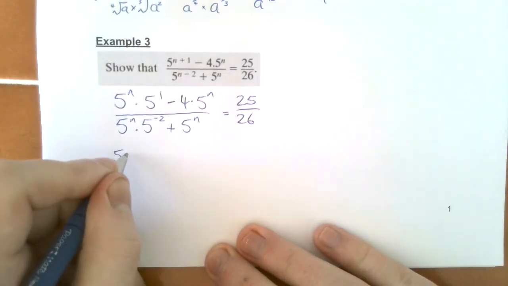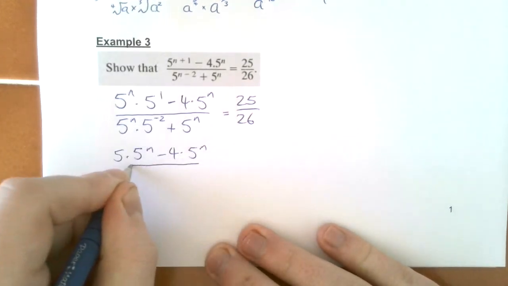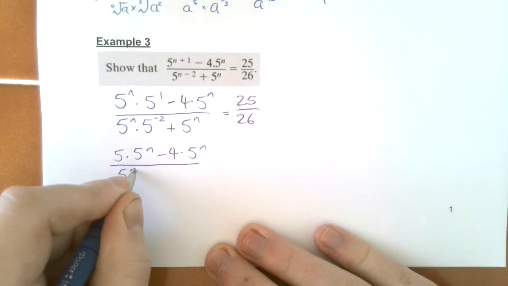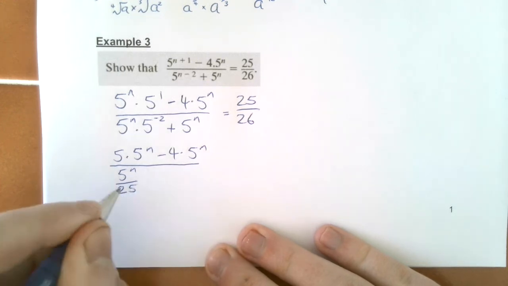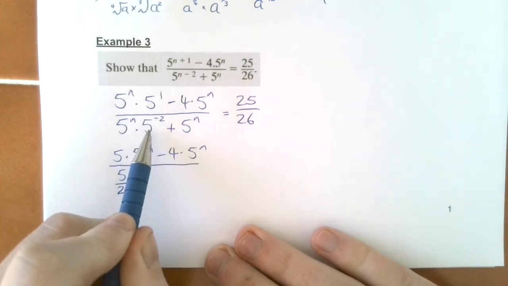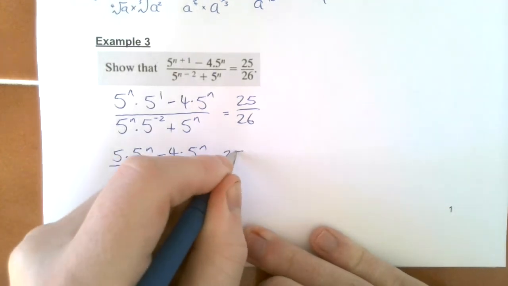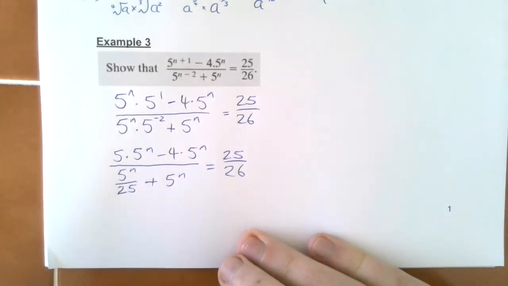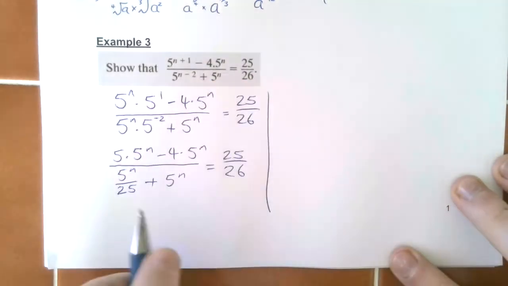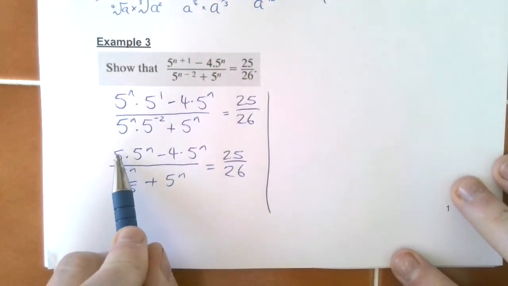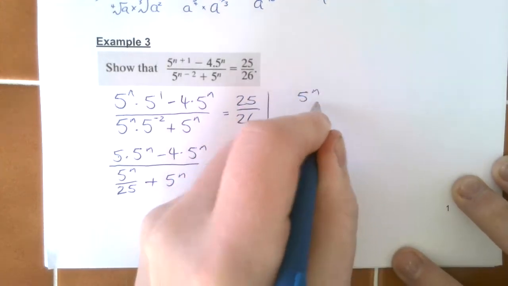If we have 5 by 5 to the power of n minus 4 by 5 to the power of n, and that is all over 5 to the power of n over 25, since this is 5 squared, 1 over 5 squared, plus 5 to the power of n, and that is equal to 25 over 26. Top part can simplify nice and easily here. If we've got 5 to the power of n's, and we take away 4 5 to the power of n's, we're left with just 1 5 to the power of n.